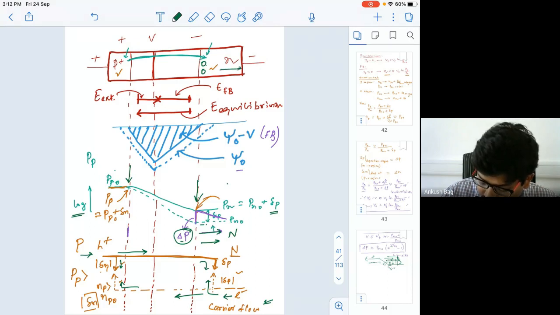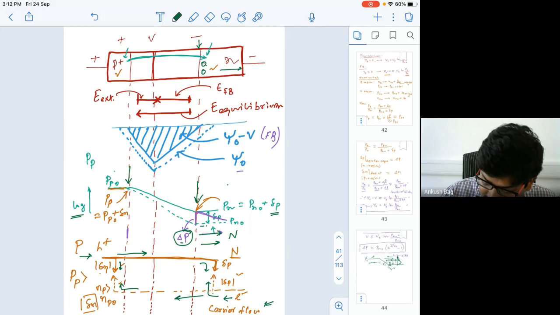So this is the depletion edge, and this is the quasi-neutral region just starting. Now the question is, these holes injected from the P plus side will reach the terminal of this N plus side. So will there be diffusion or will there be drift?